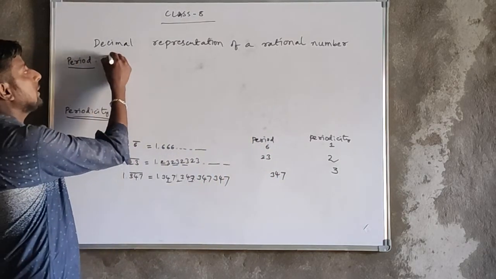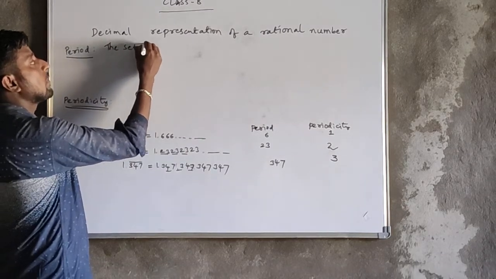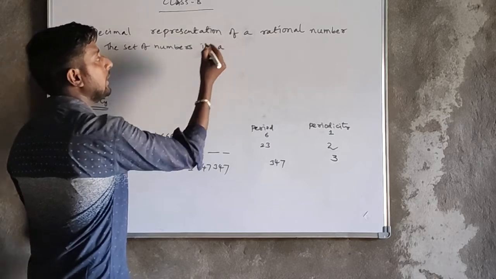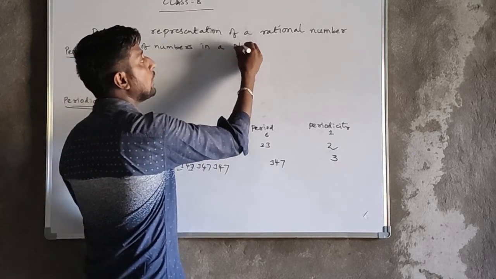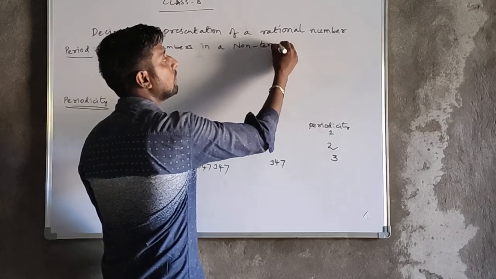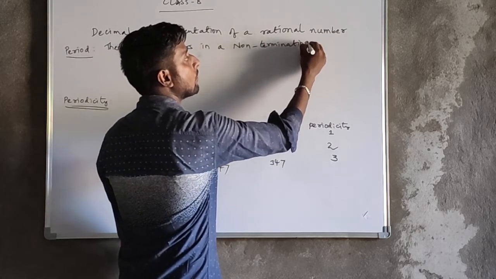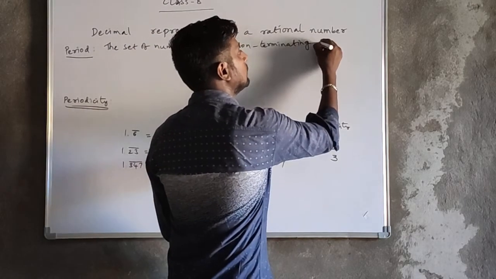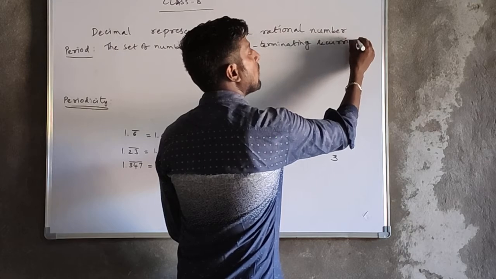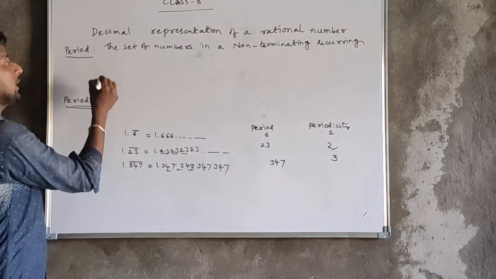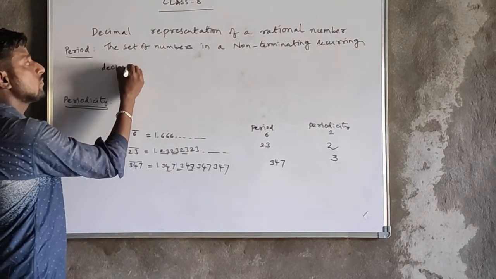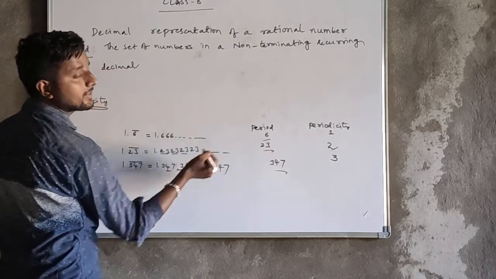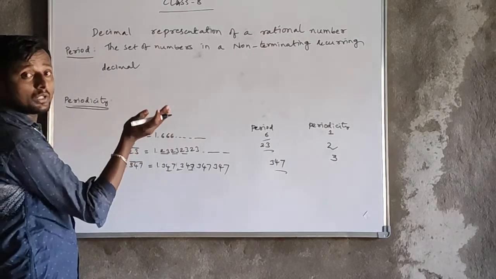So period is nothing but the set of numbers in a non-terminating recurring decimal. Okay, set of numbers I have written: 23, 347, 6. This is the set of numbers. But what about the count 1, 2, 3?